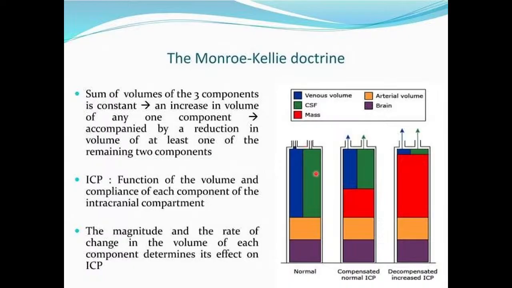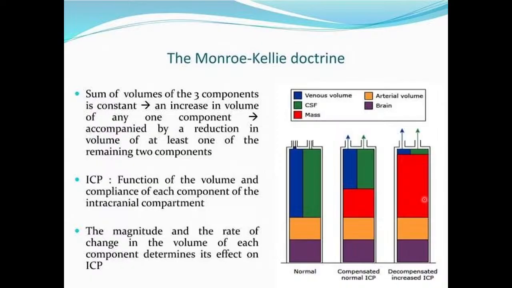So, for changes in the content of the cranial cavity, there must be some autonomic regulation which leads to decrease in the most common shiftable components such as CSF and blood. So, in a cranial cavity, if along with the brain and the arterial volume there is a bleed or a mass that occupies a component of the volume, this leads to decrease in the volume of CSF and the venous volume.